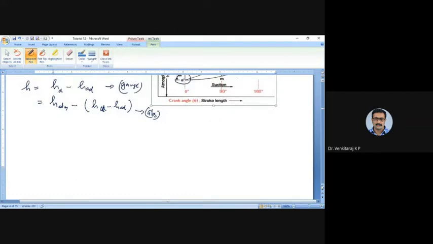And for separation not to occur in suction and delivery strokes, we need to have this condition achieved: H ATM minus HS plus HAS should be greater than or equal to H separation during suction stroke.